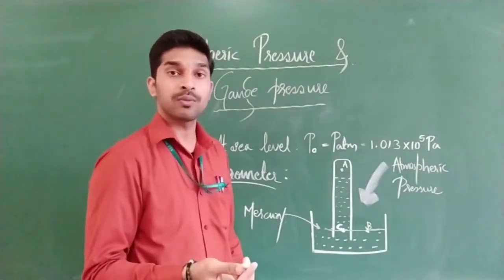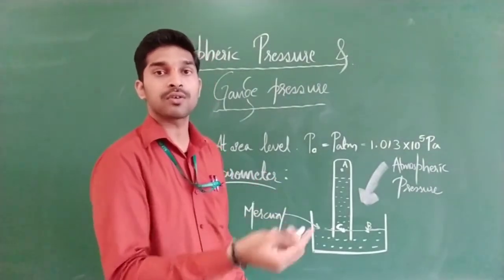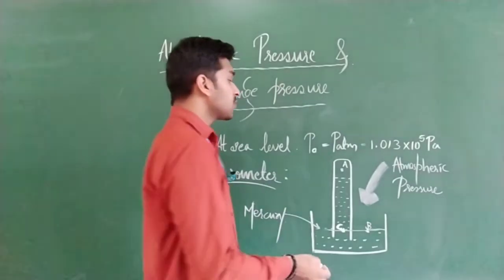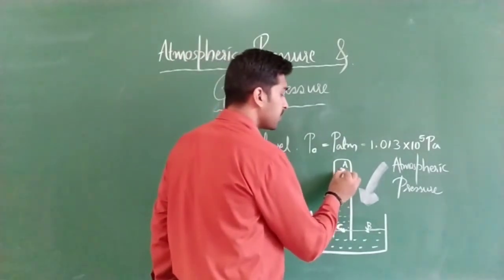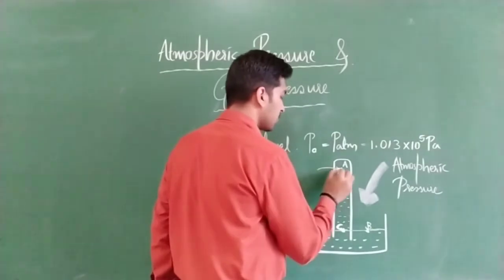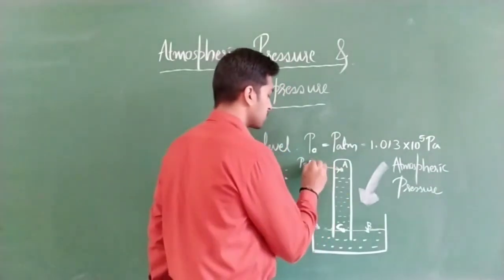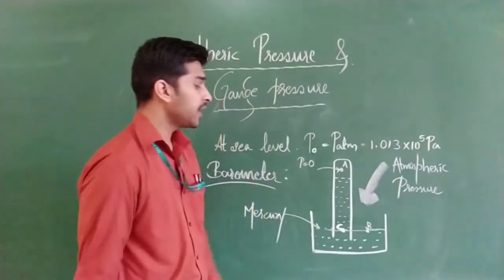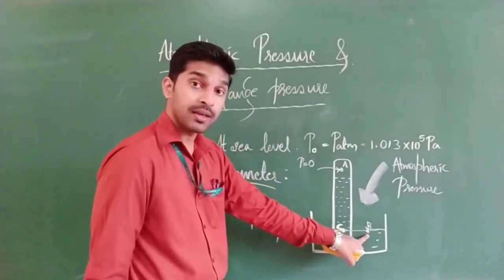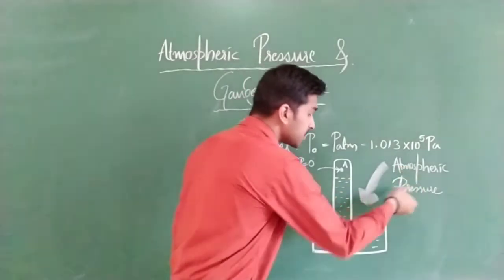Because if we use the word vacuum, it means pressure value equal to 0. So at this point P is equal to 0. Next, at point B, only atmospheric pressure is applying.